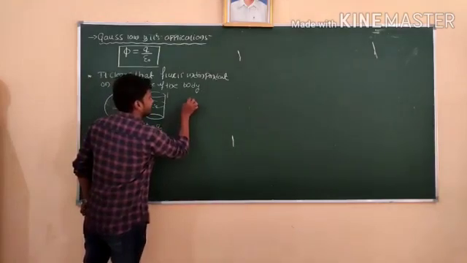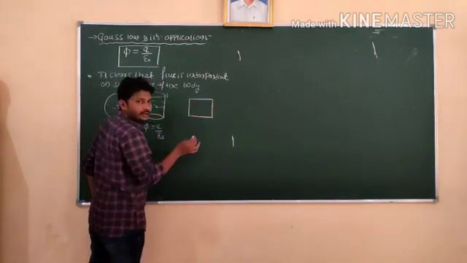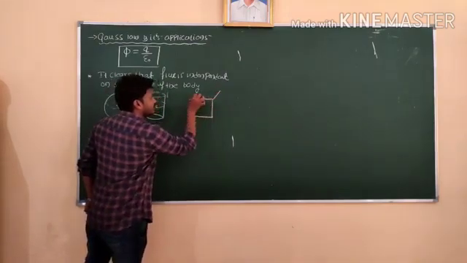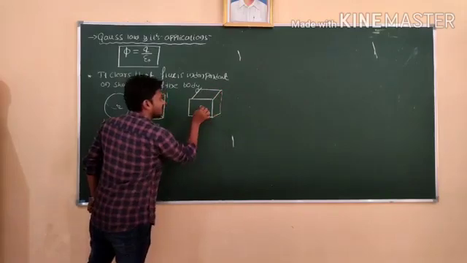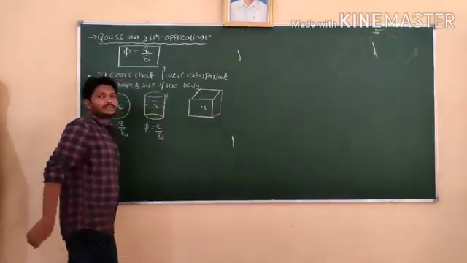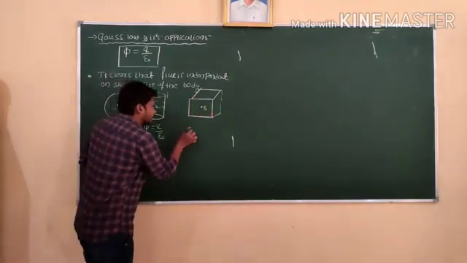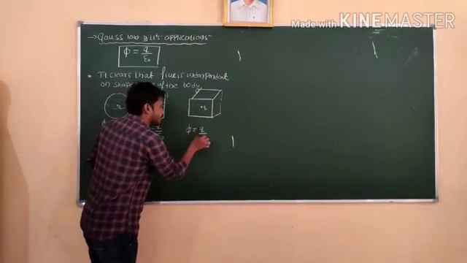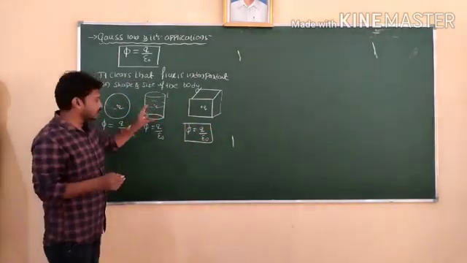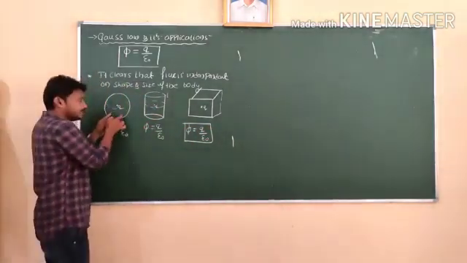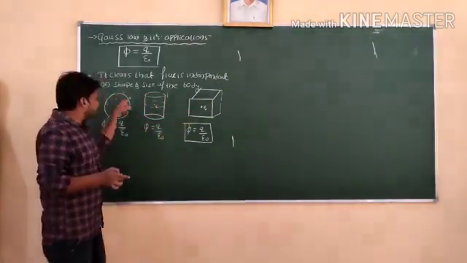For example, if I take one cube here, I will place one charged particle here. If I place one charged particle at this point, what is the flux value here? Flux phi is equal to Q by epsilon naught. So from this we come to know that the flux value remains the same for the cube, the cylinder and the sphere.